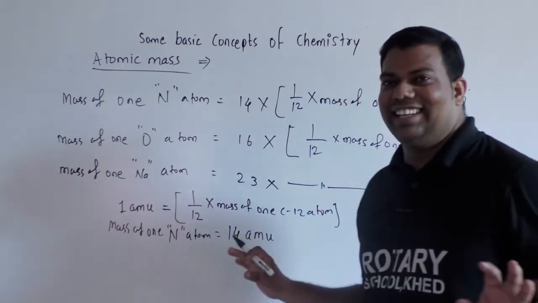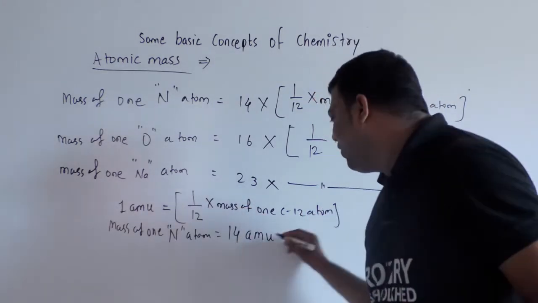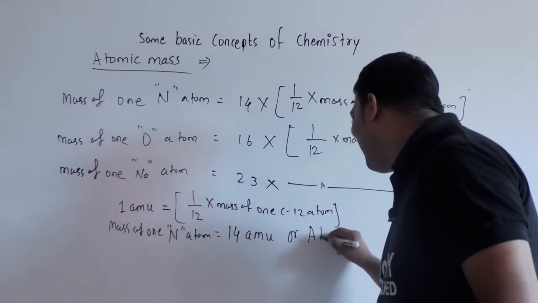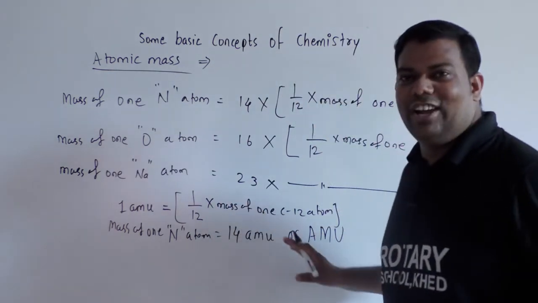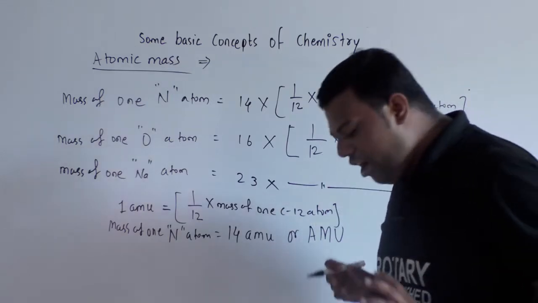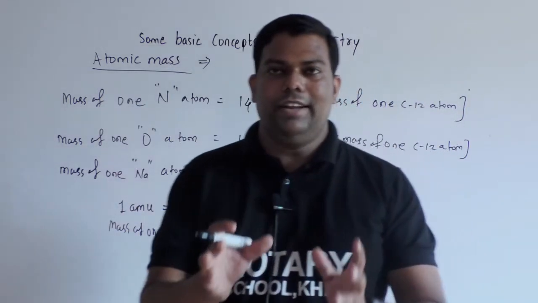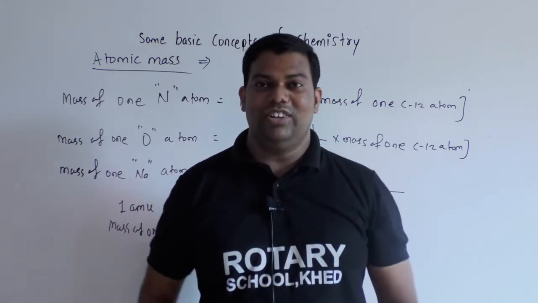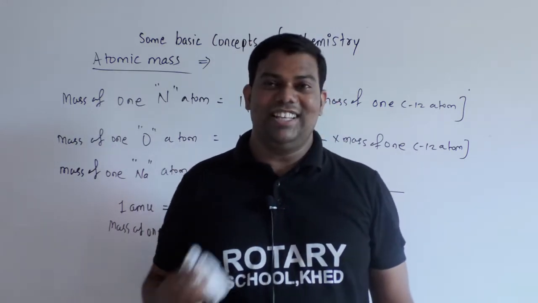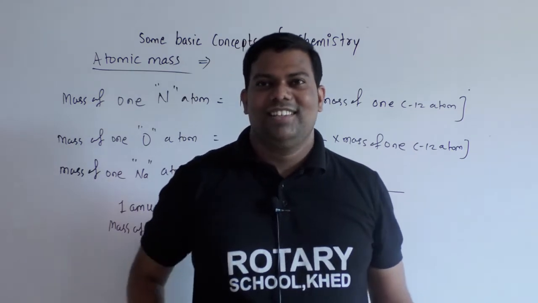Directly we will write 14 AMU. You can write AMU either in small or capital letters. What is the full form of AMU? Atomic mass unit. I hope you understood this thing clearly.